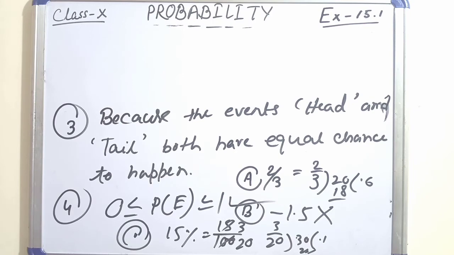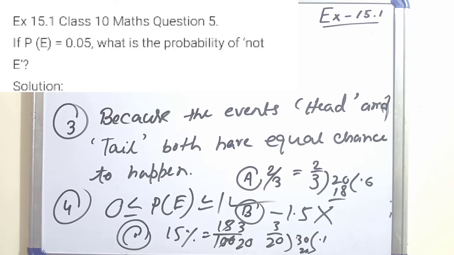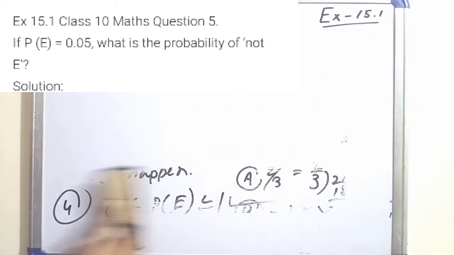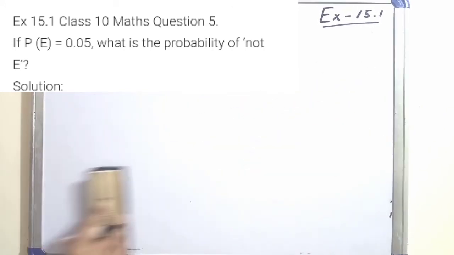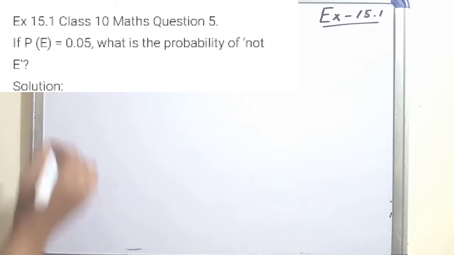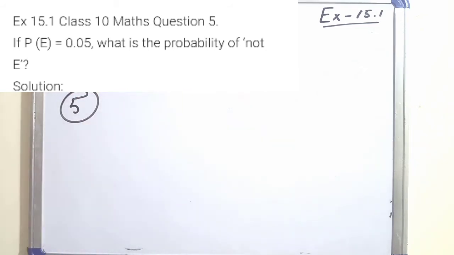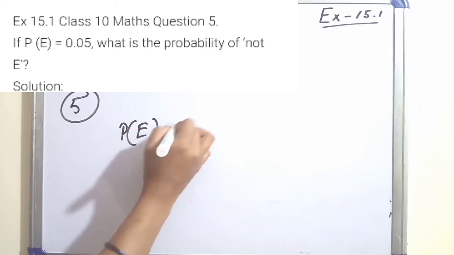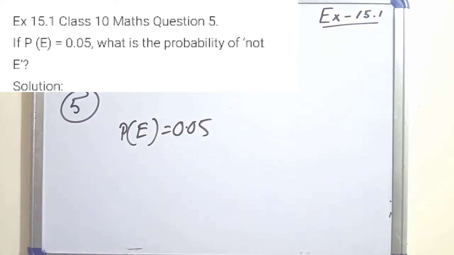If the probability of E is equal to 0.05, what is the probability of not E, or E bar?